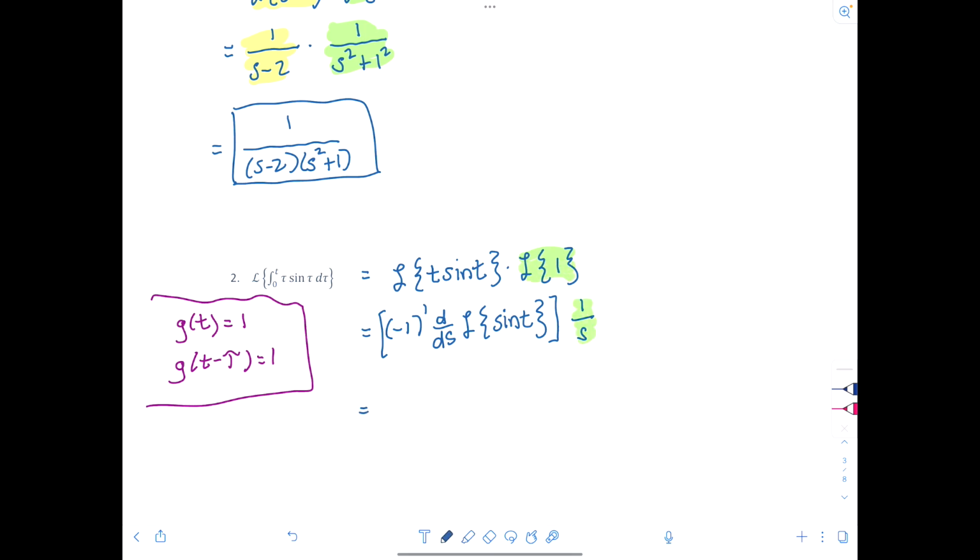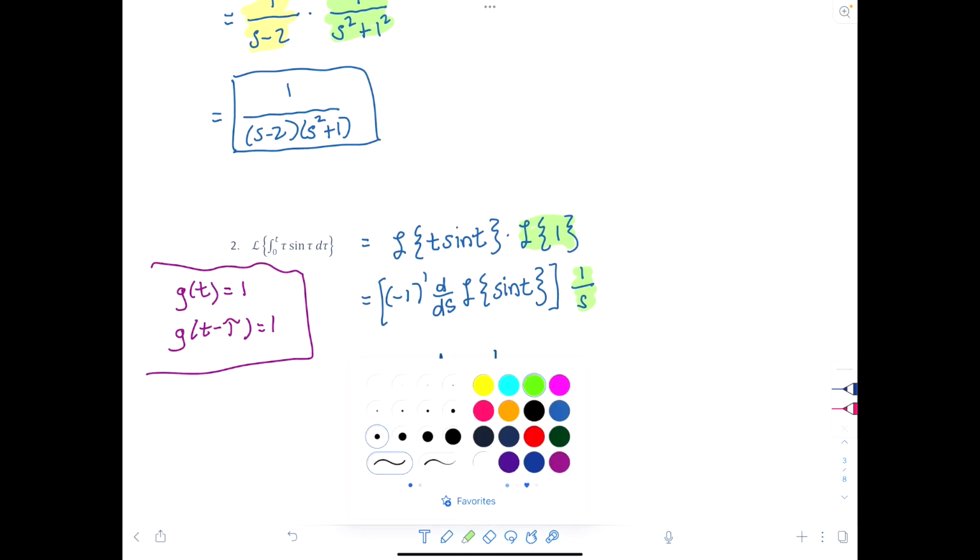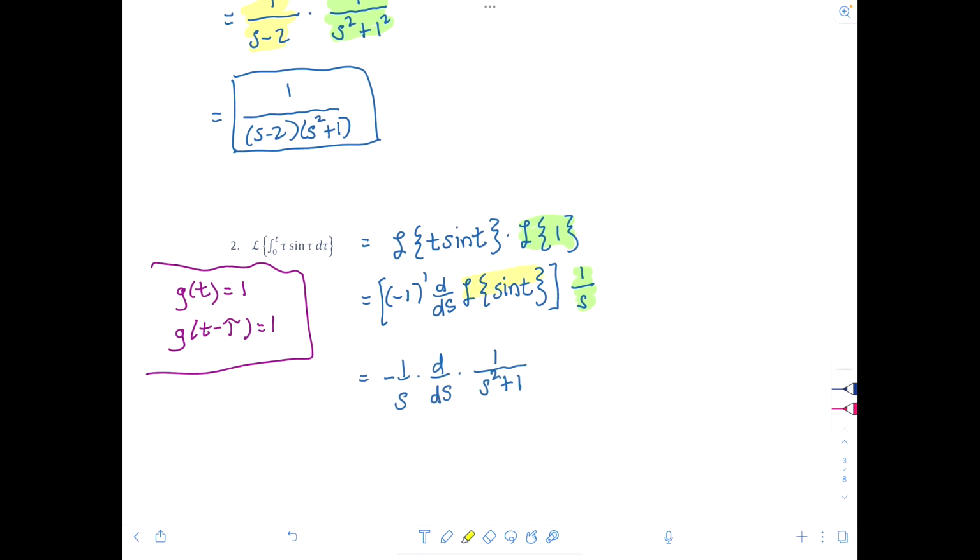So that's going to give us a negative. I'll bring the 1 over s up front, and then we'll have the first derivative with respect to s of this Laplace transform, which will be k, which is 1, because the coefficient of the angle is 1, over s squared plus 1 squared, which of course is just 1. And so that is our Laplace transform of just sine at t, but we have to differentiate it.